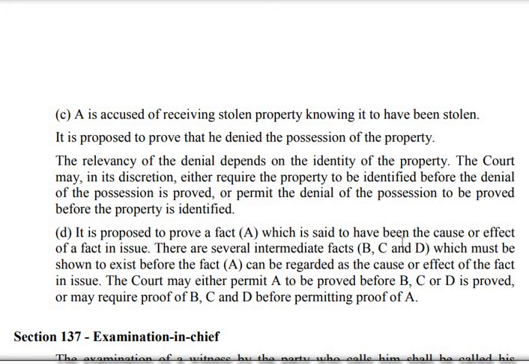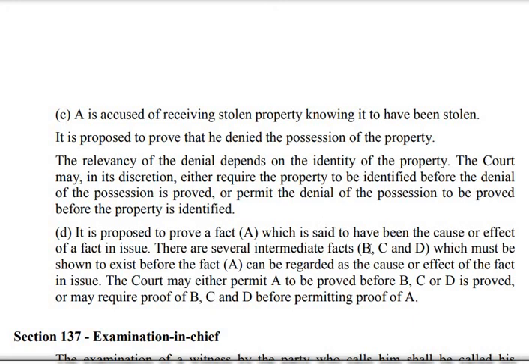A is relevant under cause of fact in issue only when fact B, C and D is proved, and B, C and D are in themselves relevant facts. तब पैरा 3 लगेगा, and if B, C, D are not relevant तब पैरा 2 लगेगा. If other fact is relevant then para 3. If other fact is not relevant then para 2.